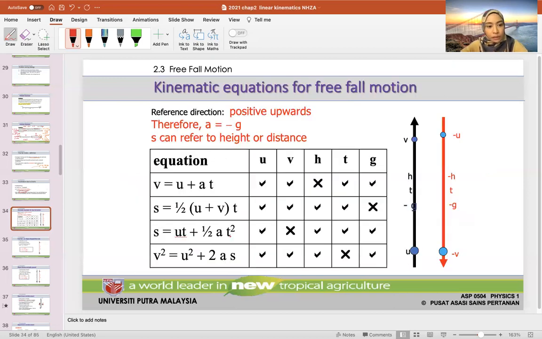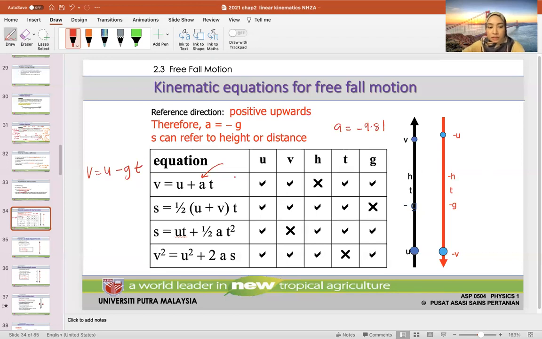So we have our linear kinematics. Now instead of using a, you can replace this as minus g. Or if you like, you can just put a equals to minus 9.81. Works as well. If you want to maintain this equation like this, you can. Or if you want to write it like this, u minus gt, you can do that as well.